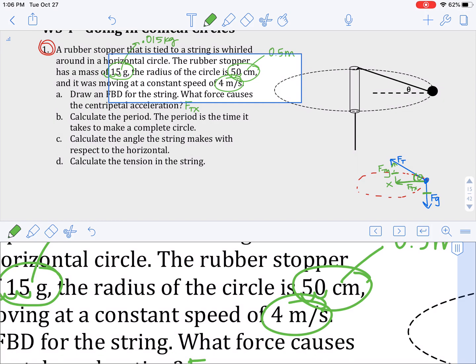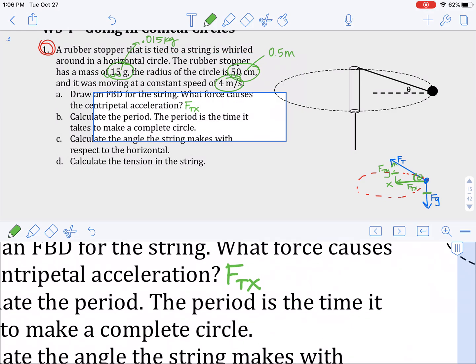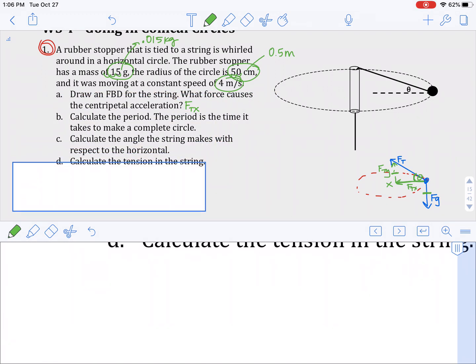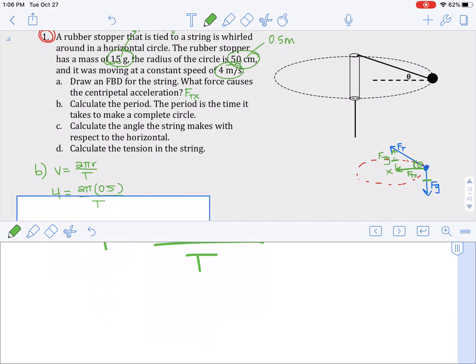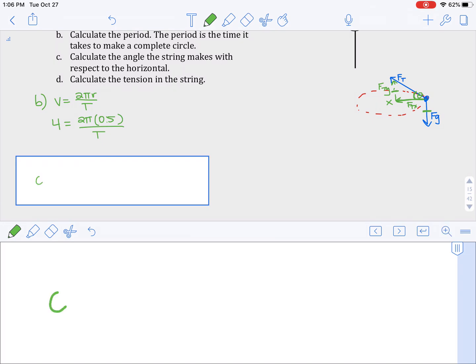So I have mass, speed, and radius, and I want to calculate the period. So for part B, I'm going to use this equation because this equation has my period in it. So I'm going to use my 4 meters per second, my 2 pi times 0.5, and then I can calculate that period. So you can do that.